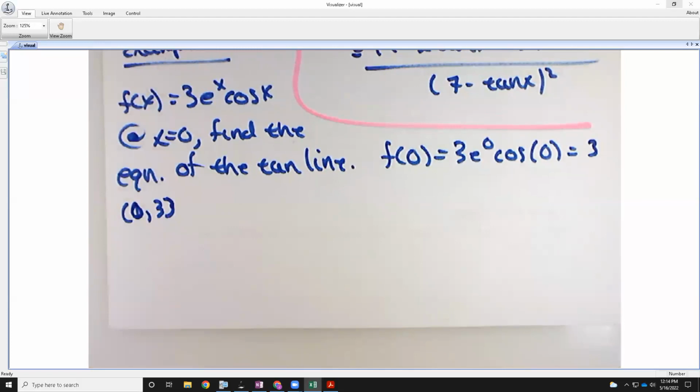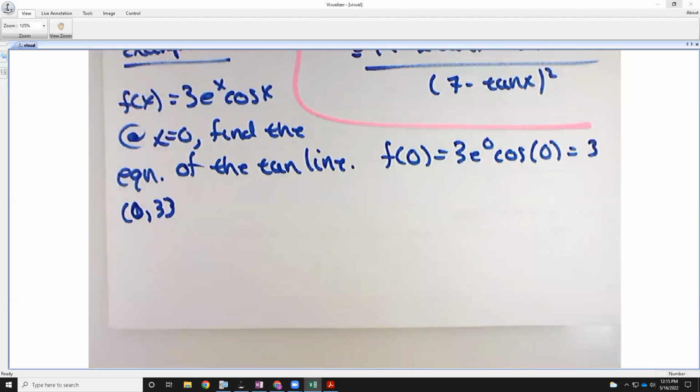So, Diana, what do I need to do to find the slope of the tangent line? In general terms, you don't have to give me specifics here. Say again.